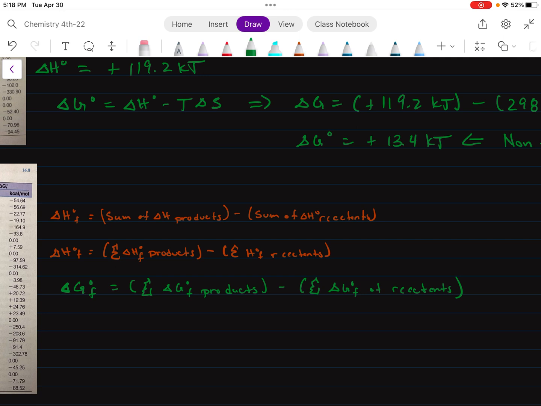It's the same formula. So when you come back into class, we're going to calculate delta G using the standard free energies of formation.